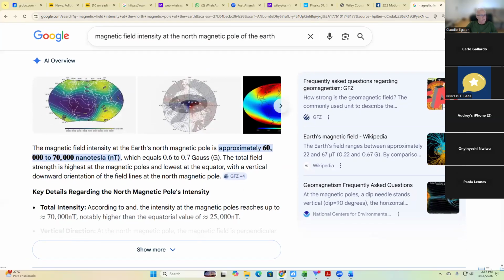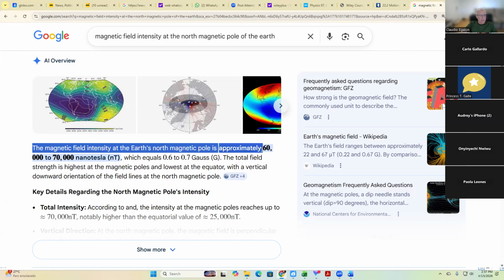Nanotesla is okay. 60,000. The magnetic field intensity of the Earth's north magnetic pole is approximately 60,000 to 70,000 nanotesla, which is 0.6 to 0.7 Gauss. Let's use 60,000 nanotesla. So 60,000 nanotesla is 60 microtesla. Yeah, 60 microtesla.